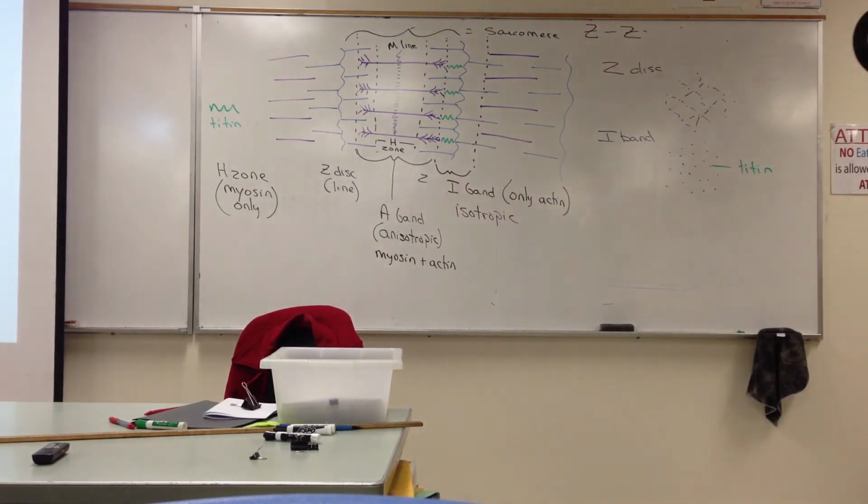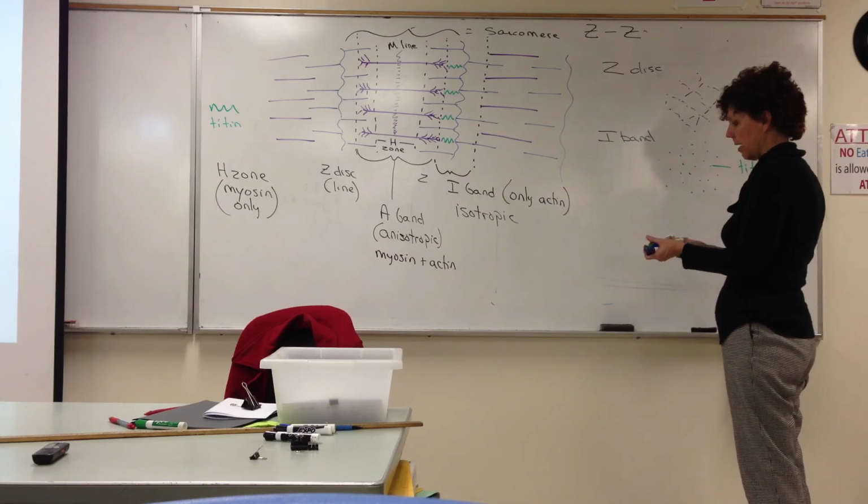It attaches the myosin to the Z disc. So right here. But it is so small it really doesn't become a visual part of our sarcomere when we see it in the microscope. So that's the I band that we would see primarily just actin alone by itself.